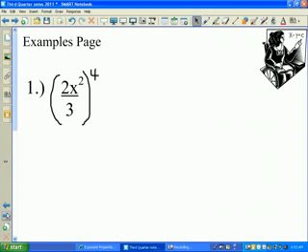Last few examples before we have some classwork. So, example number 1 is telling me the quotient of 2x squared over 3 is being raised to the 4th power. So first things first, when you're solving these, now we're going to do some combination of the product rules, and we're also going to do some combination of the quotient rules.